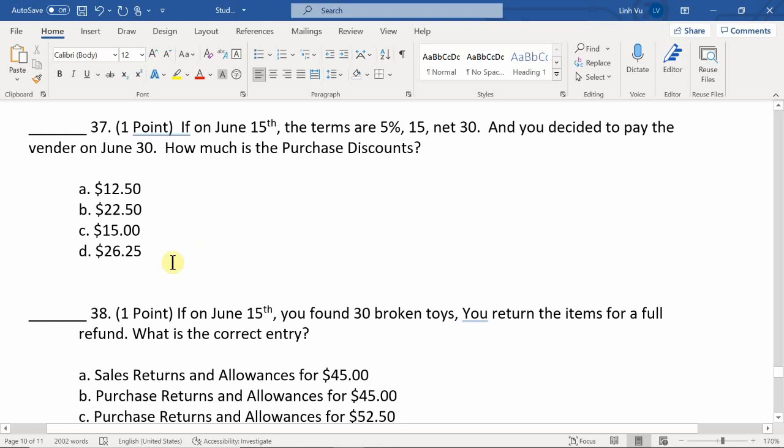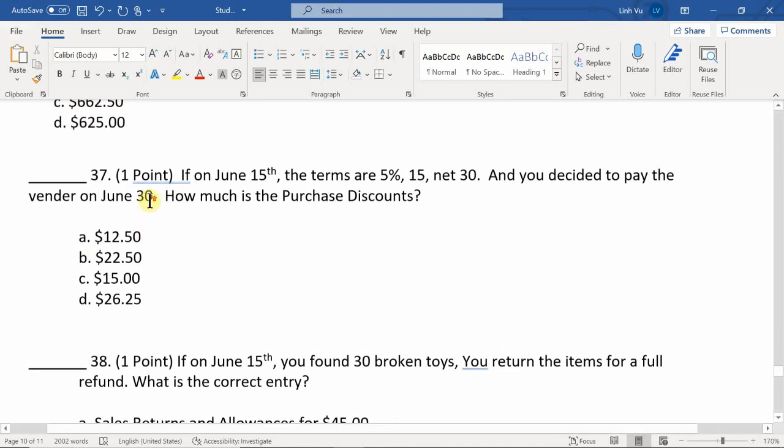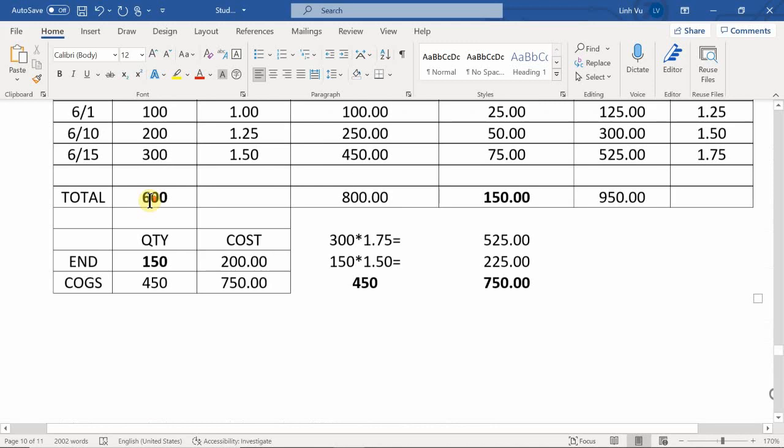Question 37. If on June 15 the terms are 5/15, net 30, and you decided to pay the vendor on June 30th, how much is the purchase discount? B, 2250. Wow, I didn't even give you the context of where the numbers came from, but I'm assuming it's from this scenario here on June 15.